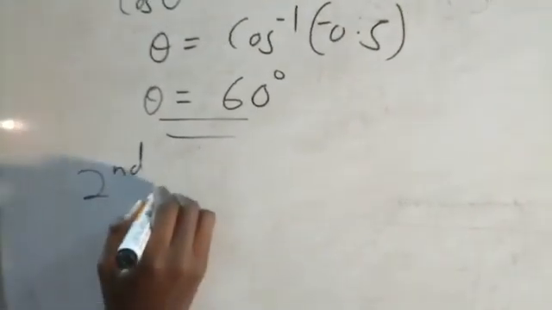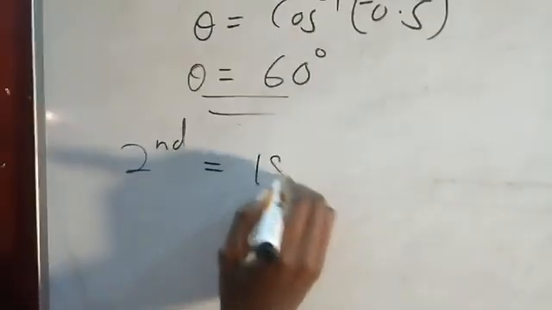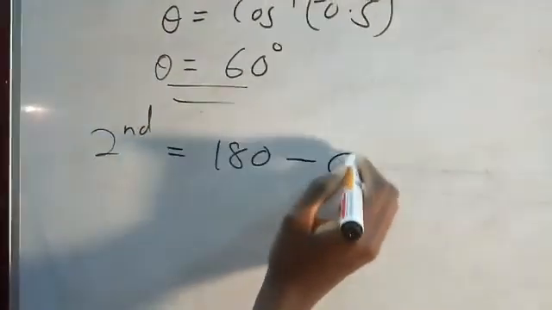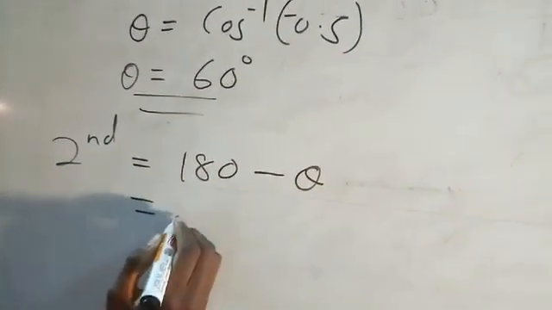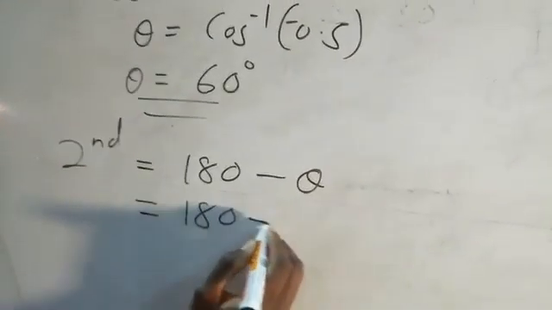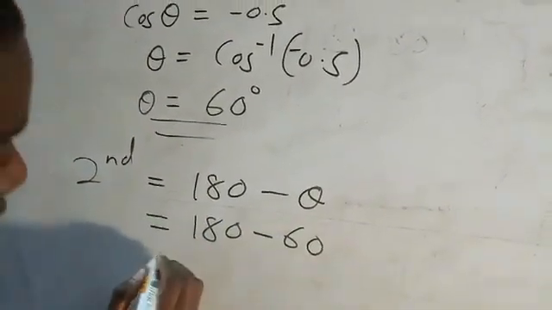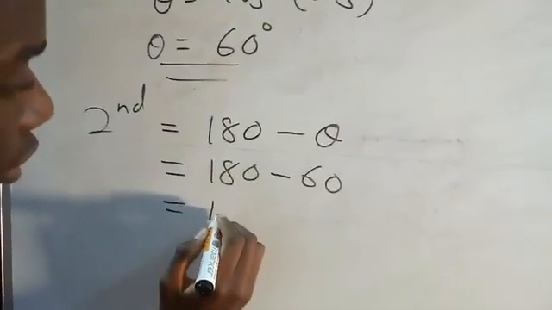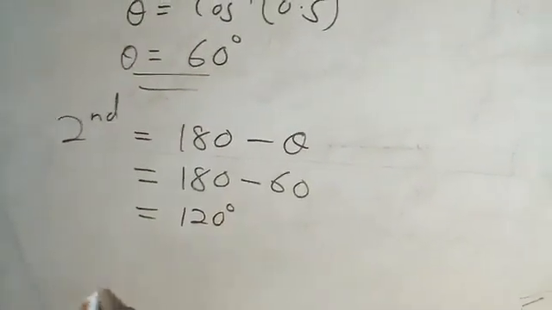So in the second quadrant, it will be 180 minus theta, becoming 180 minus 60, which is 120 degrees.